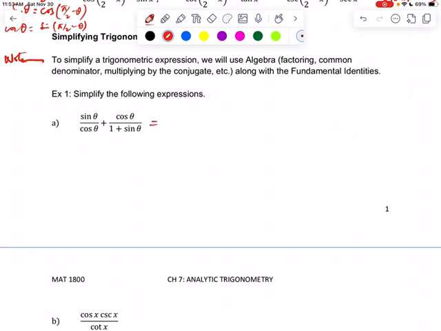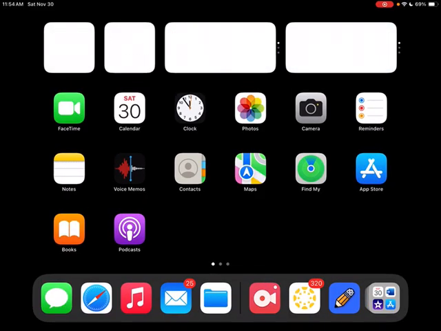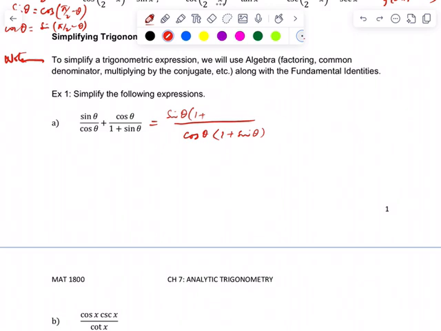So here we can write this as equal to, I'm going to take the common denominator, which is cosine of theta times 1 plus sine of theta. Okay, so what happens now? On the top, I have sine theta in the first place, which gets multiplied by 1 plus sine of theta, plus we have cosine theta here, which gets multiplied by cosine theta.